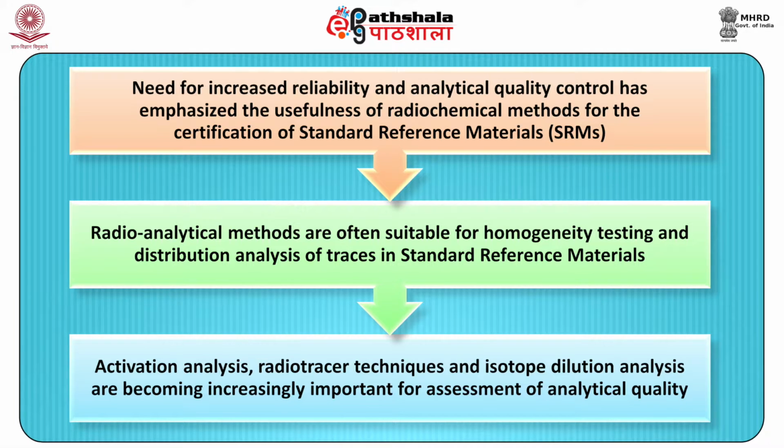Radioanalytical methods are often suitable for homogeneity testing and distribution analysis of traces in standard reference materials. Activation analysis, radiotracer techniques, and isotope dilution analysis are becoming increasingly important for the assessment of analytical quality.